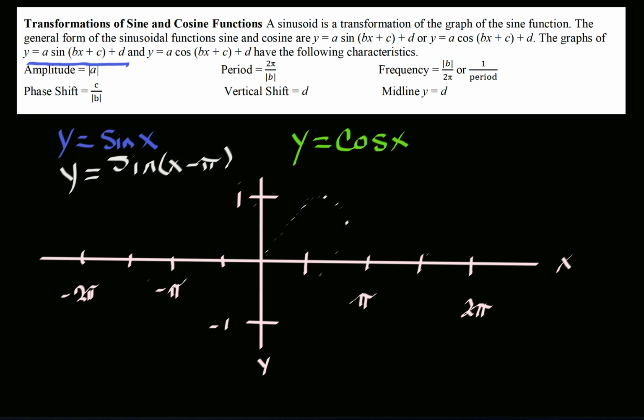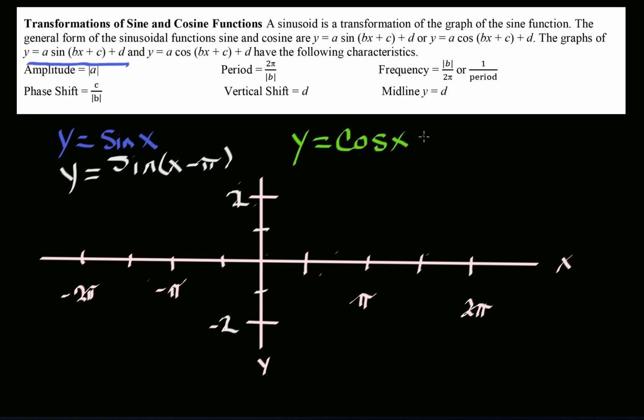So the last thing we need to talk about is that vertical shift. And it's really a simple idea. It's a vertical shift. And I'm going to use this. I'm going to just copy over. I'm going to make this 2, and put a 1 in here.